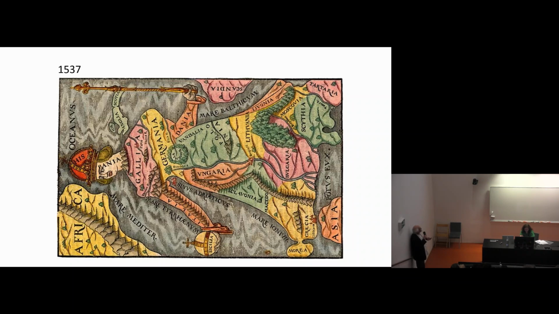You can see here, even in a Renaissance picture, Prague and the Czech lands. I don't know if it is the heart or stomach, but anyway, it's central in this personification of Europe.